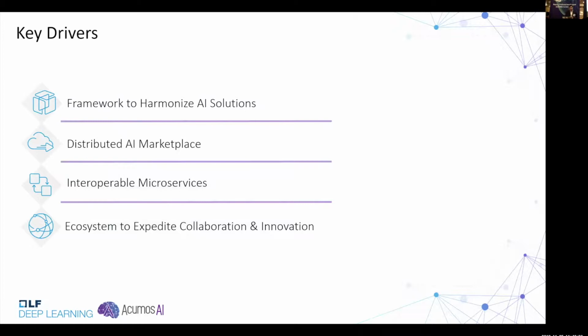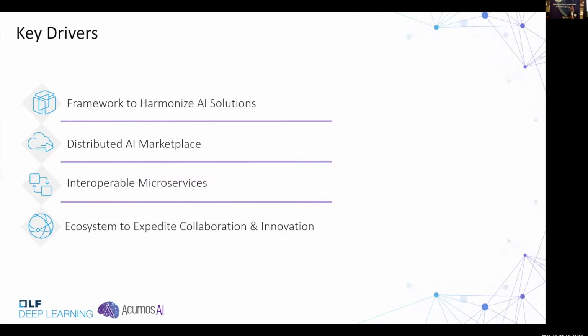So really the key drivers for Acumos and our first public release is to provide a framework to harmonize AI solutions. We talked about different toolkits, different languages, different frameworks, but what is one common way we can synergize and reuse these capabilities in one common framework?